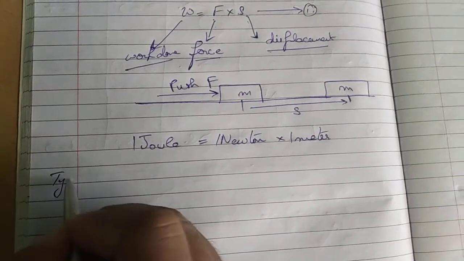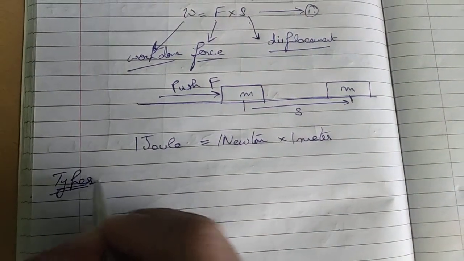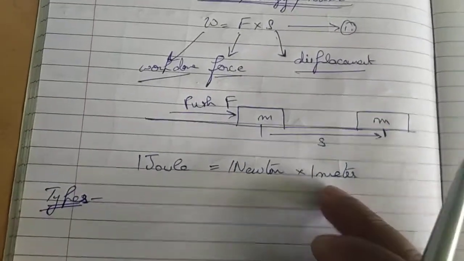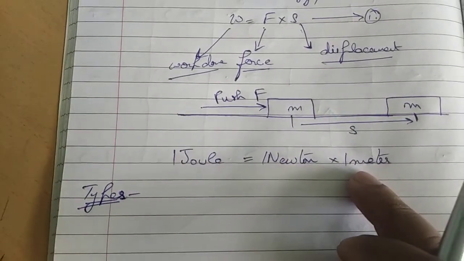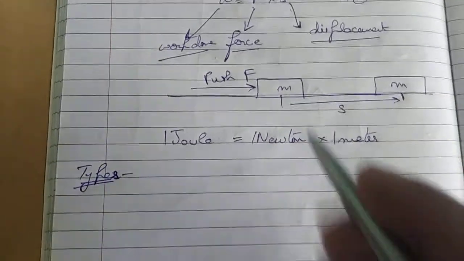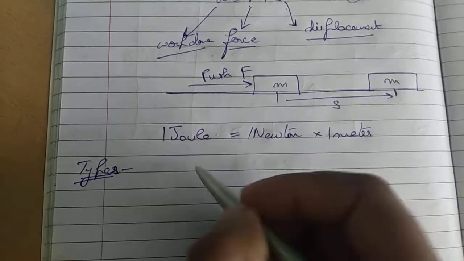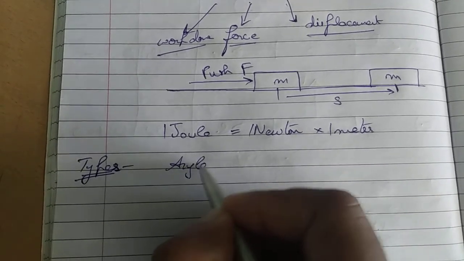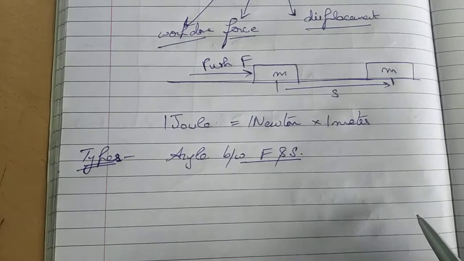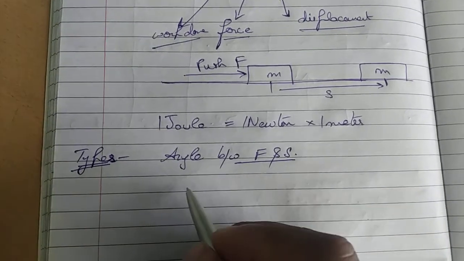Further, after this topic we are going to understand the concept of types of work done. Types of work done depend upon the angle between F and S. So what is the angle between F and S?